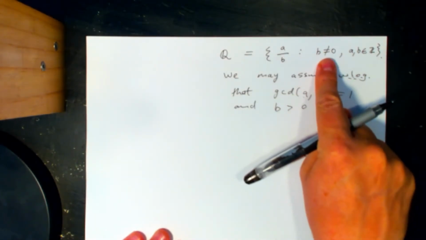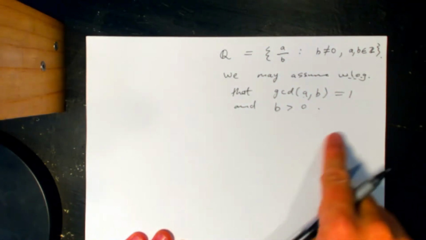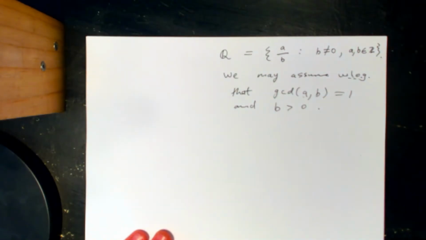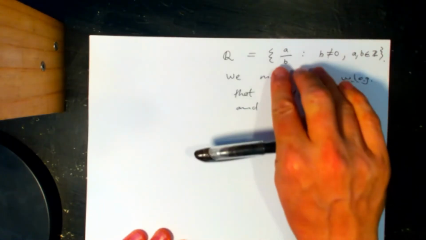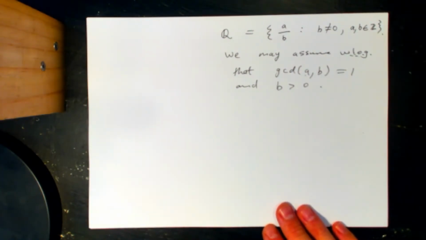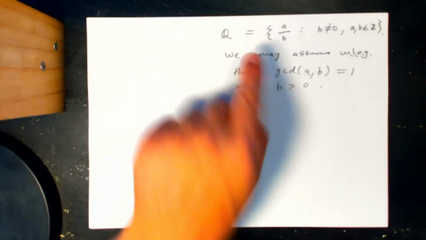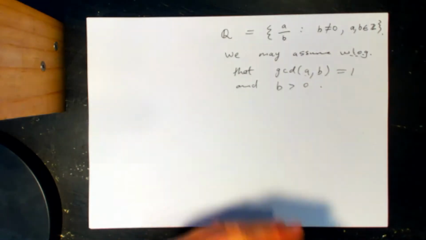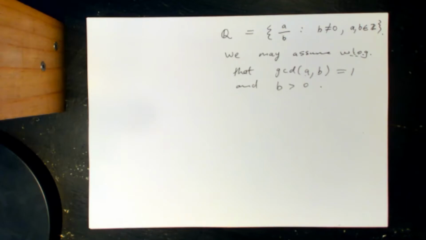Okay, we already know it should be non-zero, but we can assume that it's positive by putting all the minus sign upstairs in A. Okay, so whenever you're proving things with rational numbers, it's a good idea to make these assumptions because it makes your job easier. And also, for example, if you're proving that the square root of 2 is not in this set, then you want to make these assumptions because later you find a contradiction to those assumptions, right? Which tells you that the square root of 2 is in fact irrational.